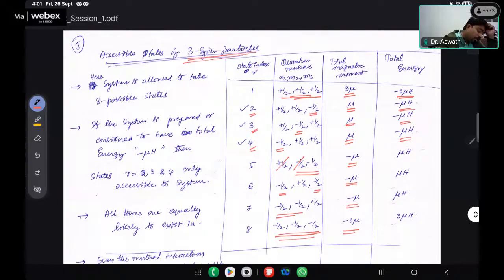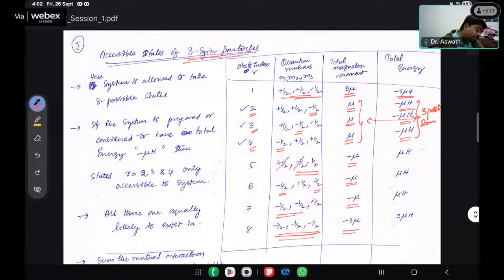In that case, the overall total energy is minus mu h, and the overall magnetic moment is mu. So the overall state has the same energy, but the arrangement can be different. There are three possible scenarios. Just rearranging between them leads to different state arrangements, but the overall total magnetic moment and total energy are the same.